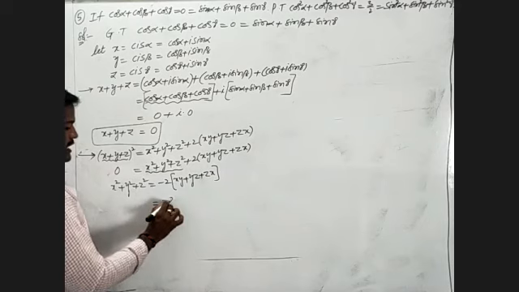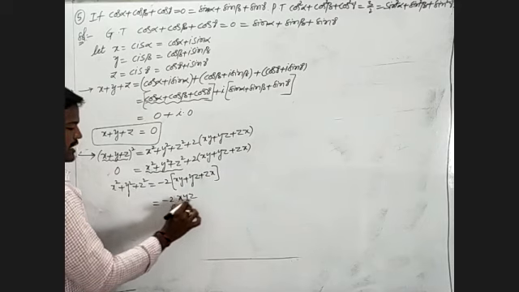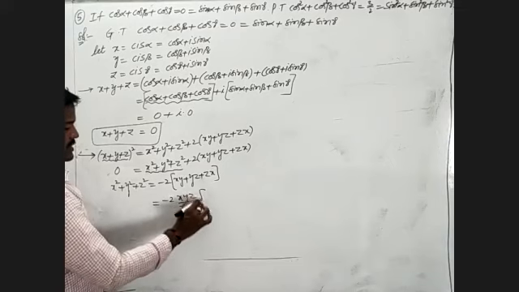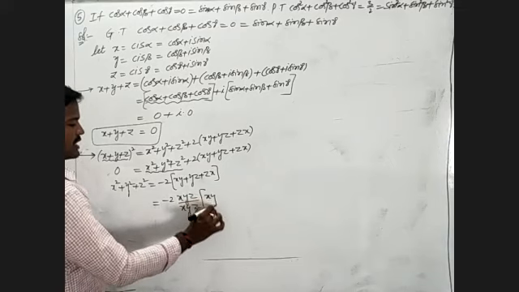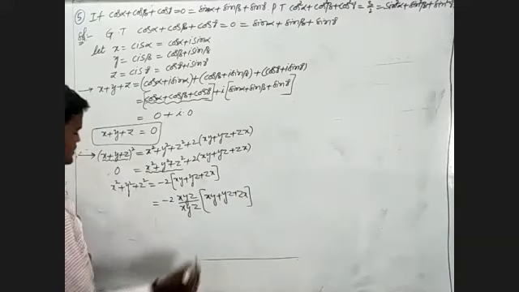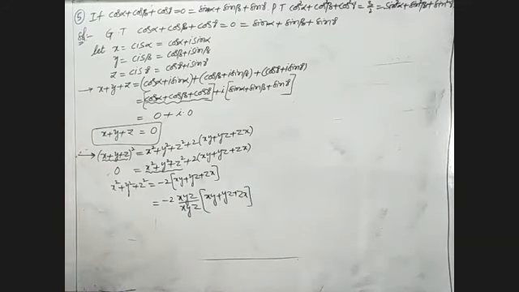Here the numerator and denominator can be multiplied and divided by xyz, so we get xyz by xyz into (xy + yz + zx).